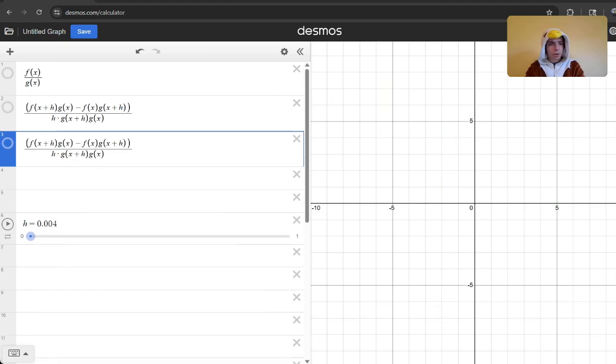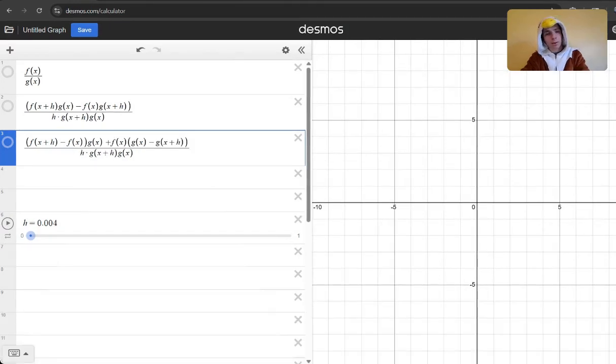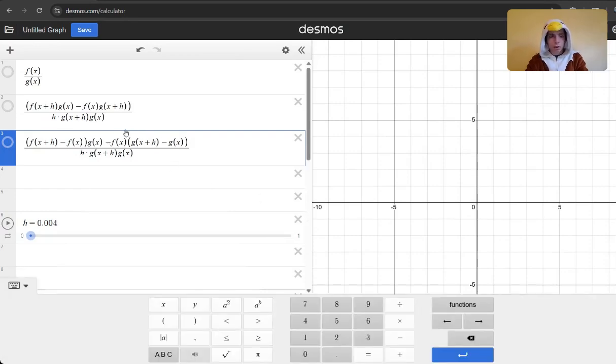Now, this expression is pretty close to f of x plus h minus f of x times g of x, but we just need to add a few things to it. Now we can factor out that f of x and change up that sign to make it g of x plus h minus g of x.